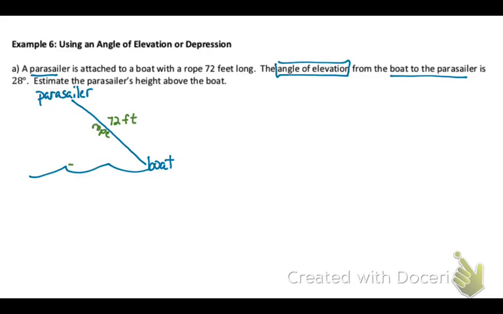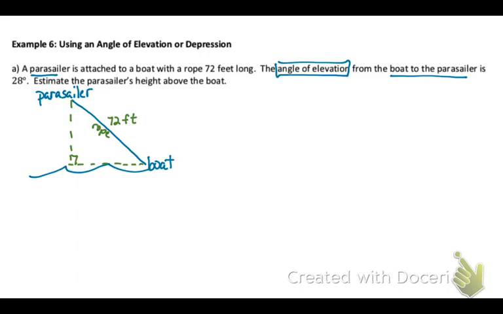So we want to estimate the parasailer's height above the boat. So I'm going to draw this right triangle that emerges in this situation. So if I drop a line perpendicular from the parasailer down to a horizontal line where the boat is, now I've got my right triangle. So that perpendicular line from the parasailer down to the water is the height that it is above the boat also.